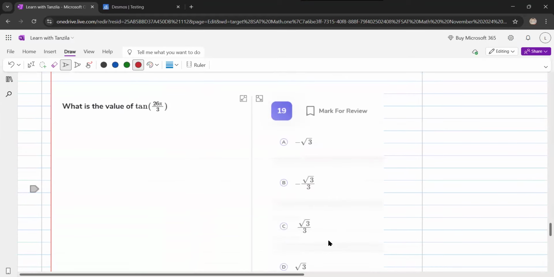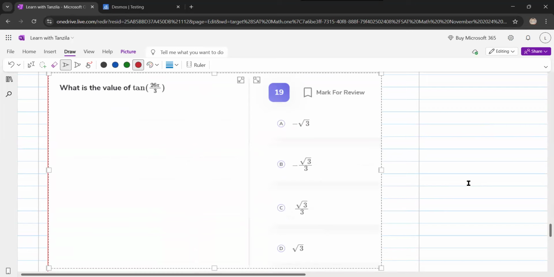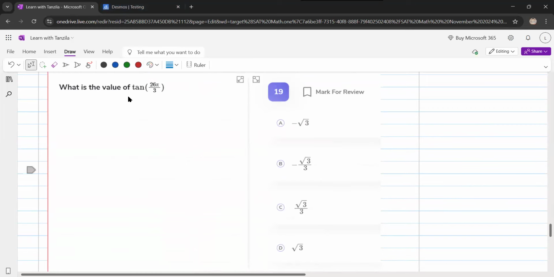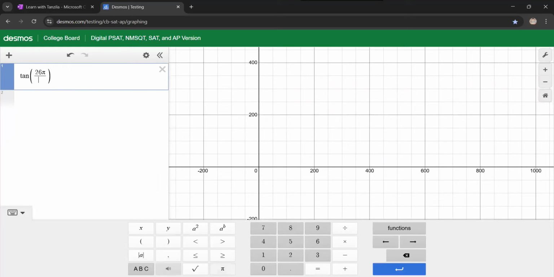Question 19. We have the value of tan of something. I will do it in Desmos. So tan of 26 pi over 3, where pi is on the keyboard, is negative 1.7. Since I have pi, that means I'm working in radians.